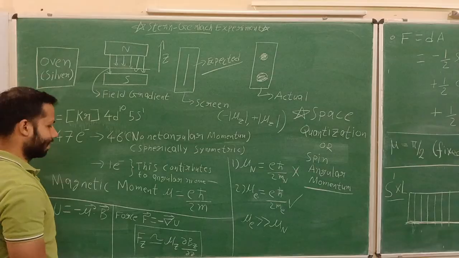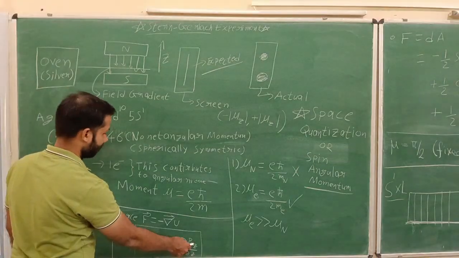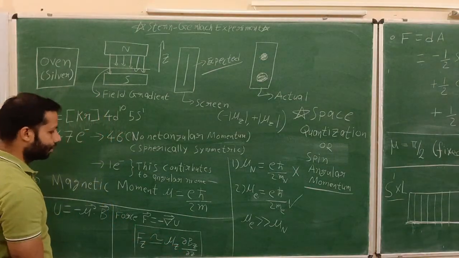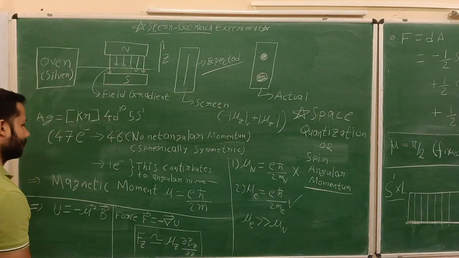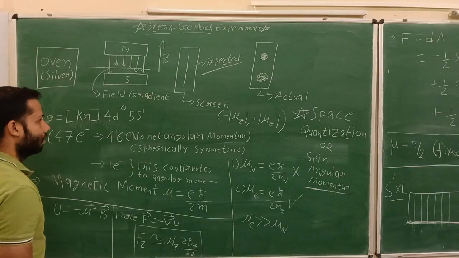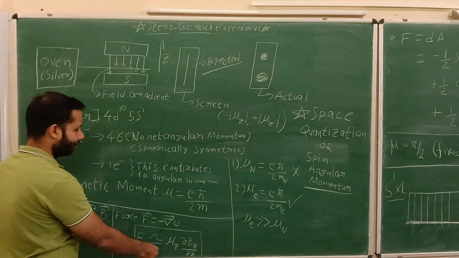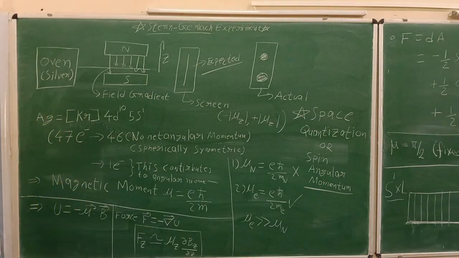Now we have a better reason why there should be a magnetic field gradient, because if there is no gradient there will be no net force acting on these electrons, and we will not have these results. So this is the force that is acting on these electrons.